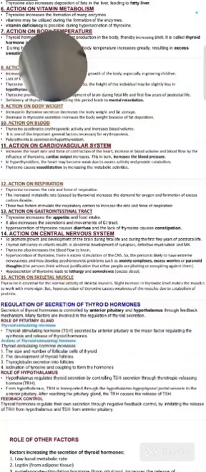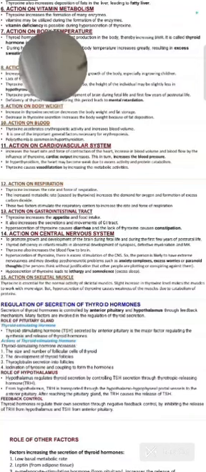But the opposite reaction occurs in case of lack of thyroxine, which causes constipation, that decreases the digestive secretion as well as movements of the gastrointestinal tract.